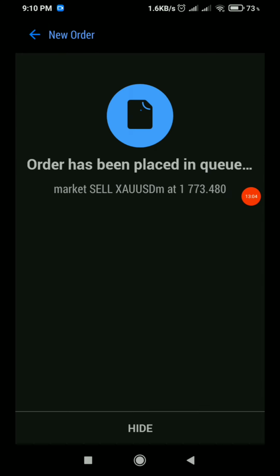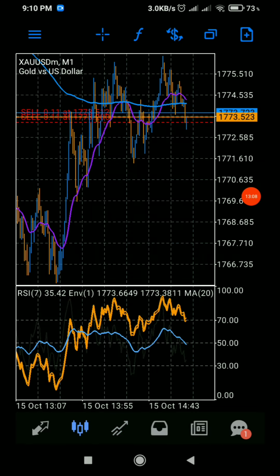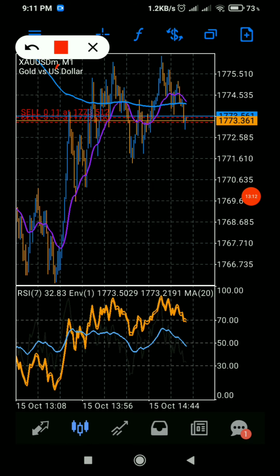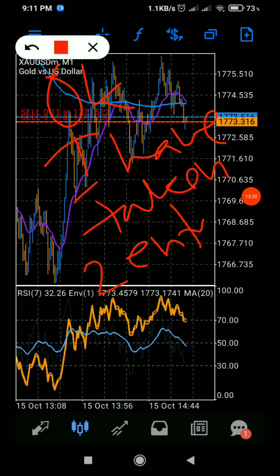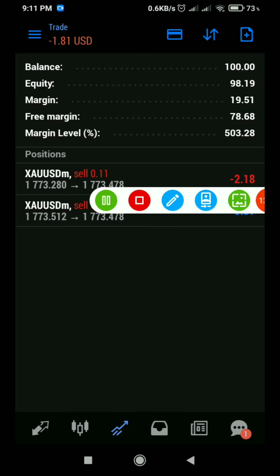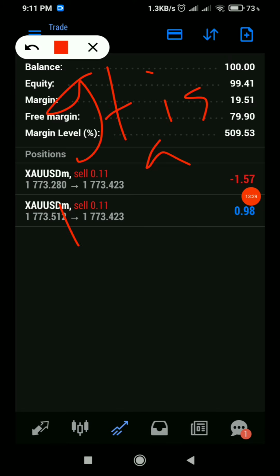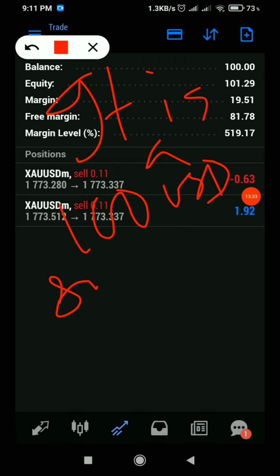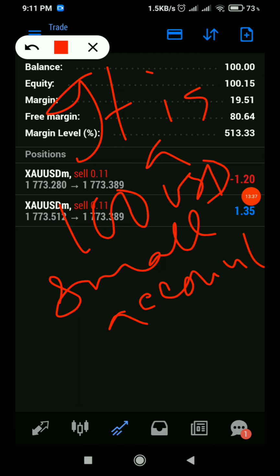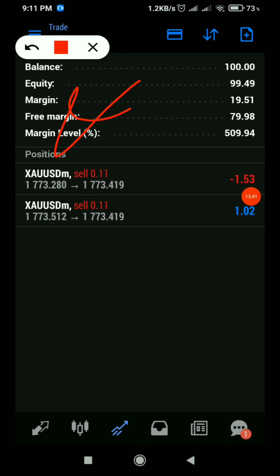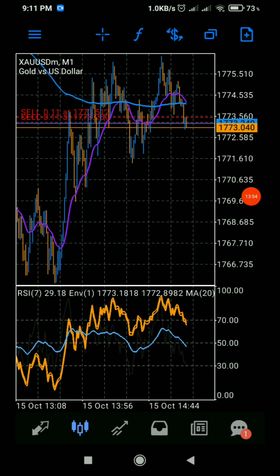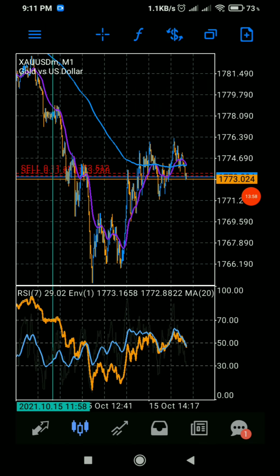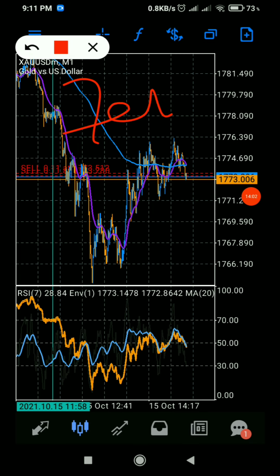So here I am taking sell entries right now. I have taken entries here, sell. So 2 sell entries taken by me, and as you see it is a $100 account, very small account, and I am going to flip it. So here are the levels.